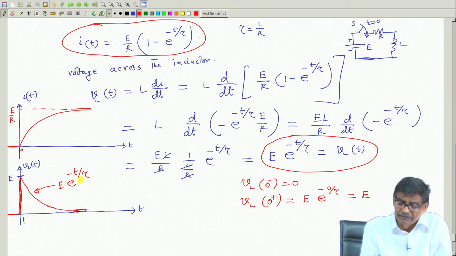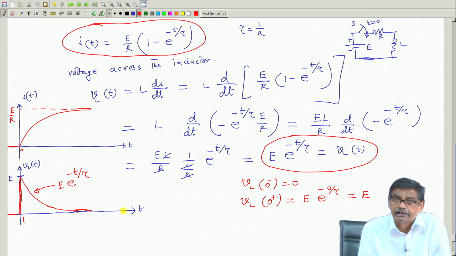Therefore, once again at t equal to tau you can find out by what amount the voltage falls, the time constant, etc. But the point I want to make is that finally the voltage across the inductor is 0, and it has to be, because the final current becomes a constant value E by R, so d/dt of E by R is 0.